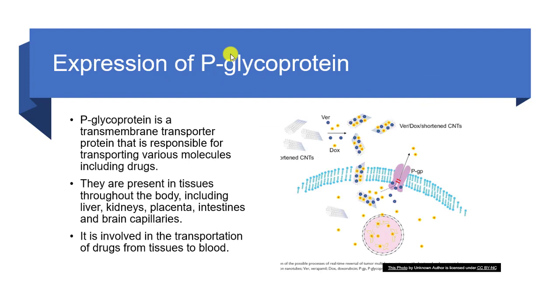If I move to the next factor, I'm going to talk about a particular protein, which is also called P-glycoprotein. This is essentially a transmembrane protein or transporter protein, which is responsible for transporting various molecules, including drugs, across the cell membranes. These proteins are present throughout the body, including the liver, kidneys, placenta, intestine and brain capillaries, and they are involved in the transportation of drugs from the tissues to the blood.